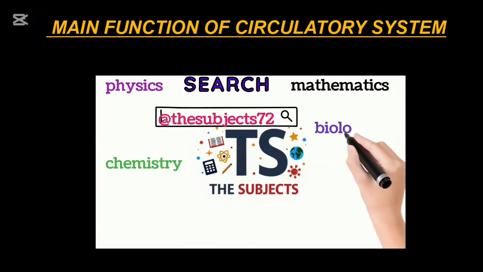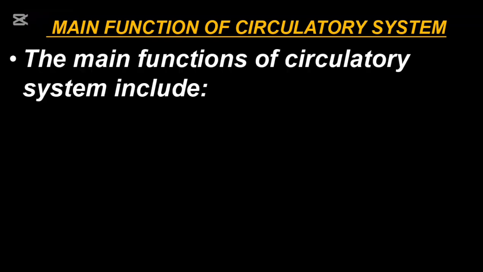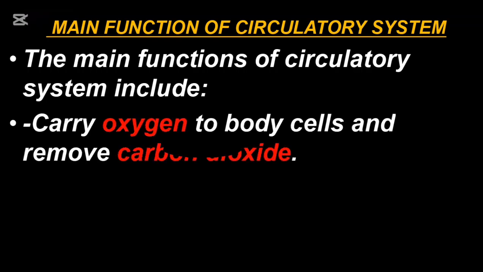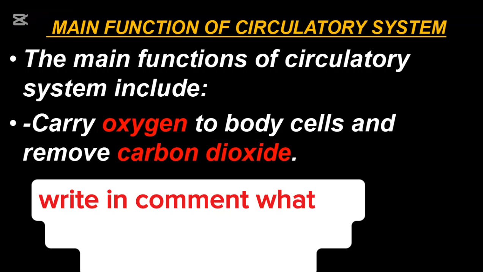The circulatory system has different functions and plays a big role in our body. The main functions of the circulatory system include carrying oxygen to body cells and removing carbon dioxide. We know that our body needs oxygen, and also needs to remove carbon dioxide.